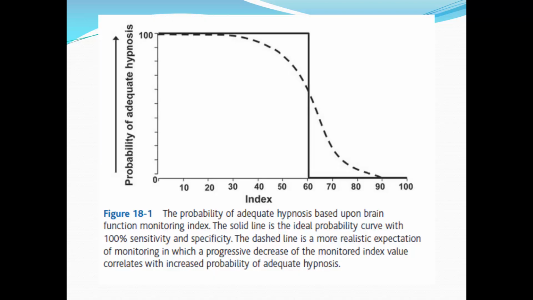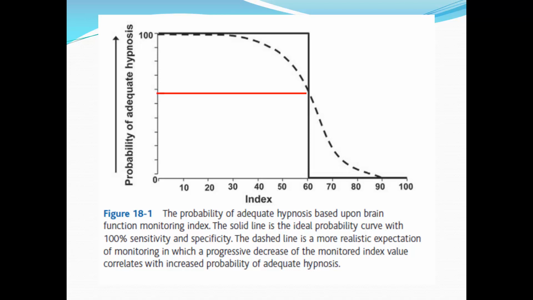This graph looks at BIS values and how they relate to adequate hypnotic level. The solid line, the square, represents the ideal correlation of BIS and hypnosis. But in reality, you see the dotted line as the probability of intraoperative awareness with the specific BIS number.